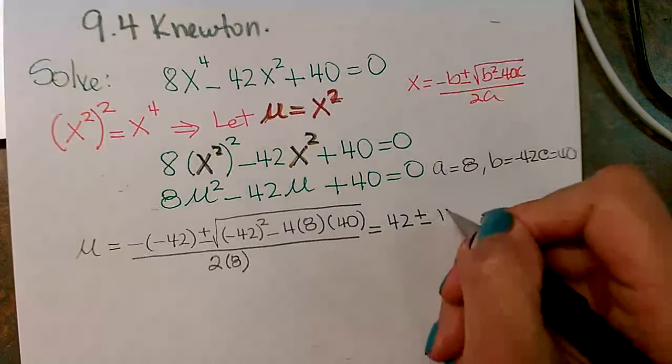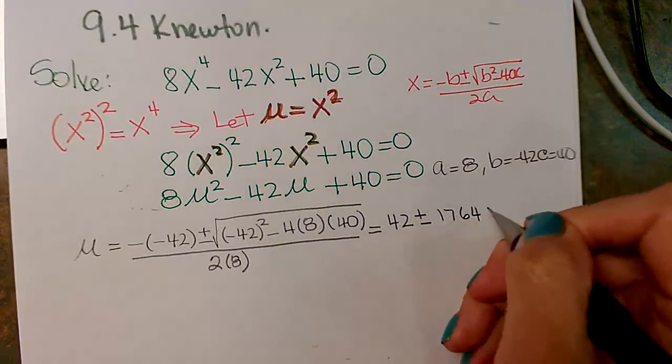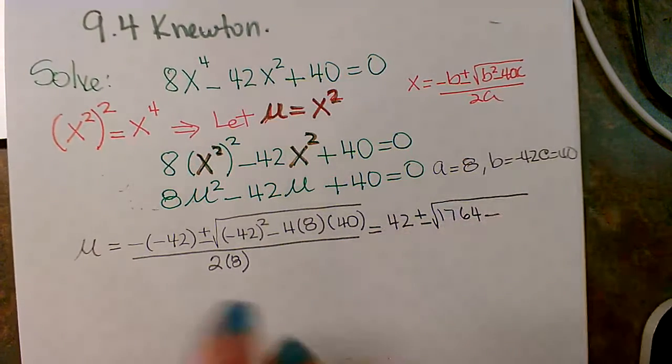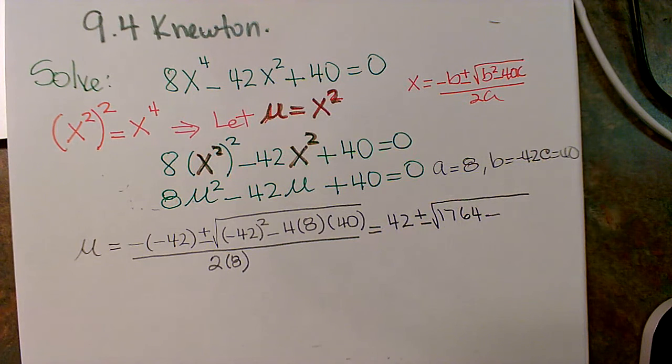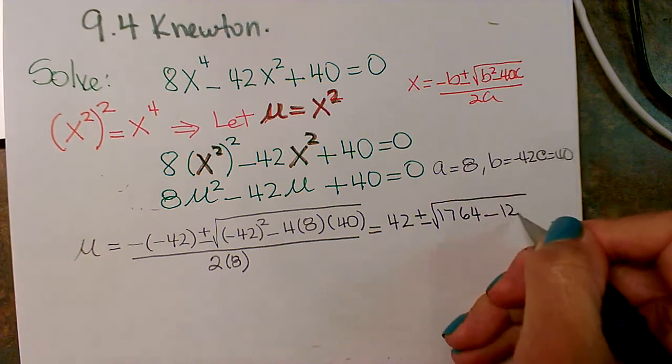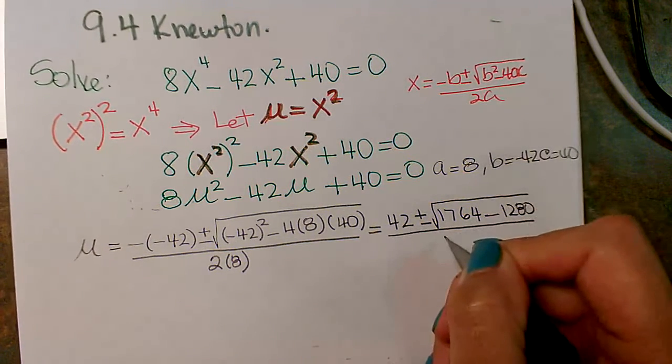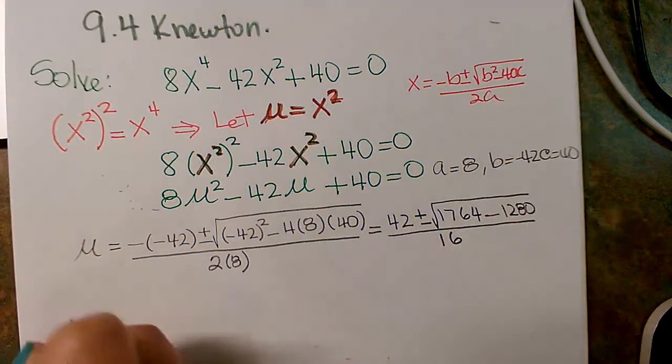This is 1764. And this is going to be 4 times 8, 32 times 40. 2/8 was 16.